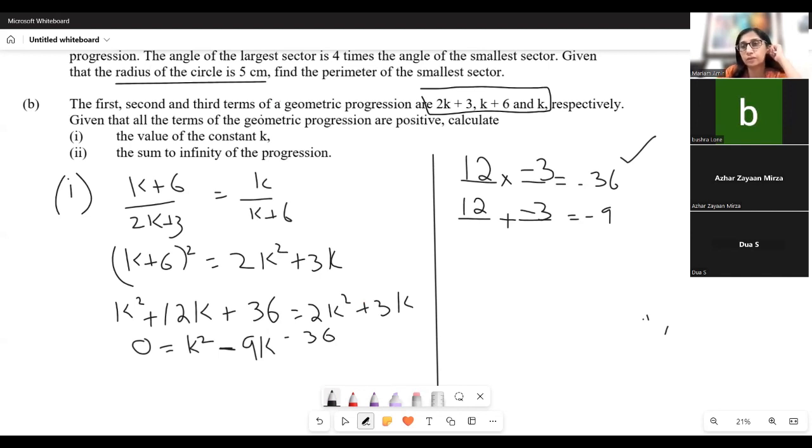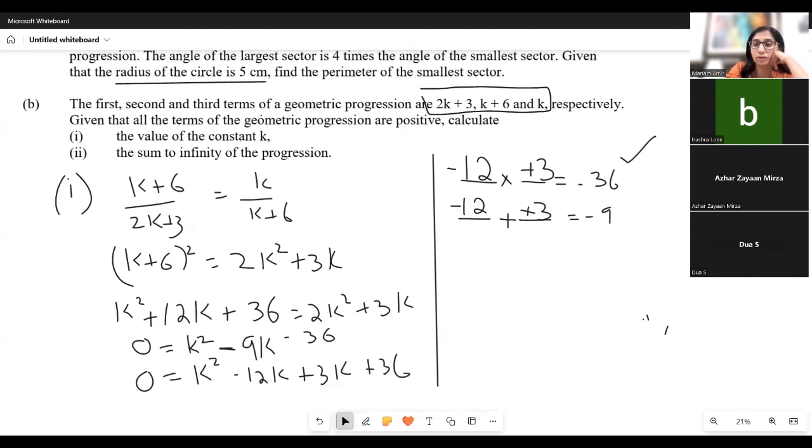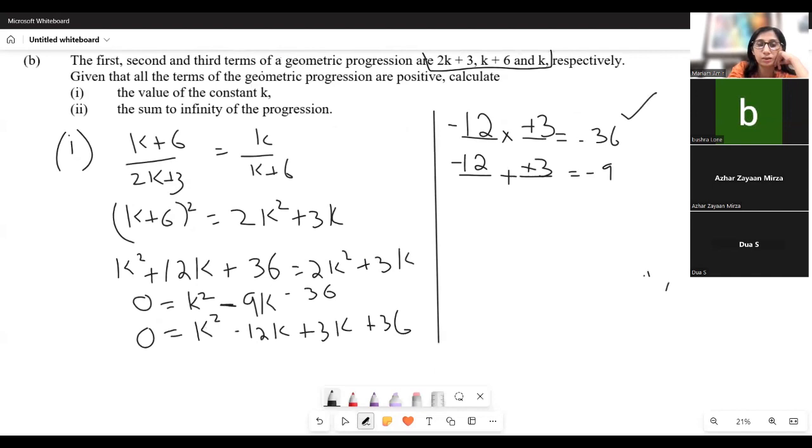So what's the mistake here, Azhar? Minus 12 plus 3. Minus 12 plus 3 are the correct factors. So 0 equals k square minus 12k plus 3k minus 36.